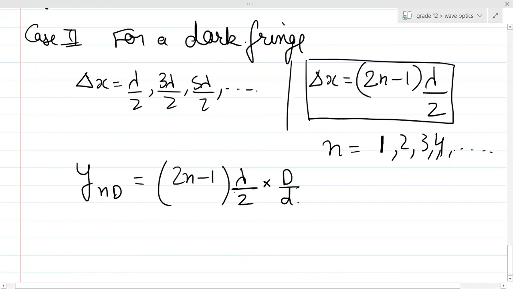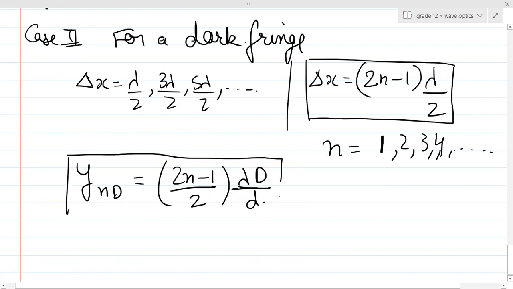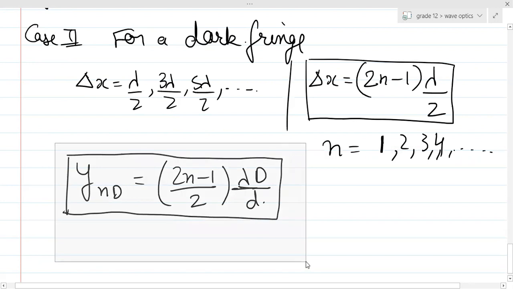Δx D by d, this was it. So can I write it like this: (2n minus 1)/2 times λD by d. This is the position of the nth dark fringe.